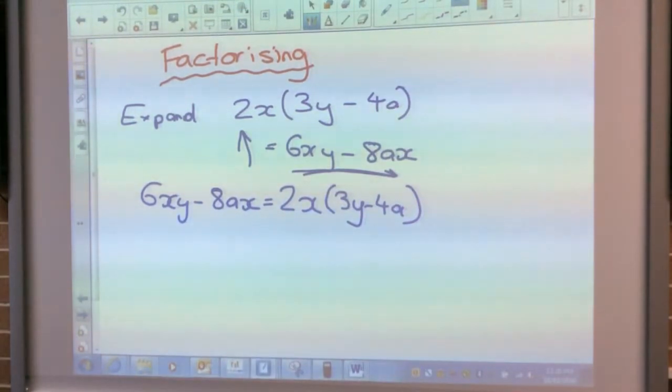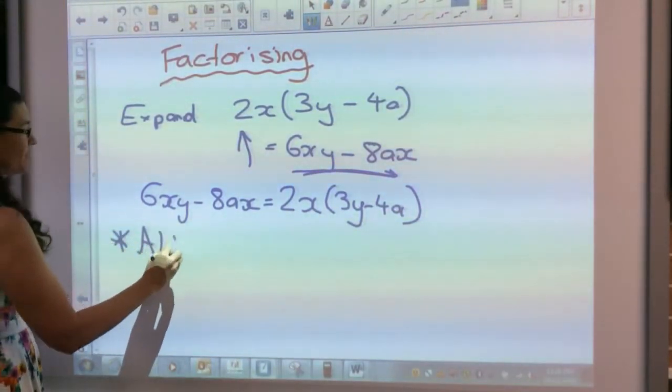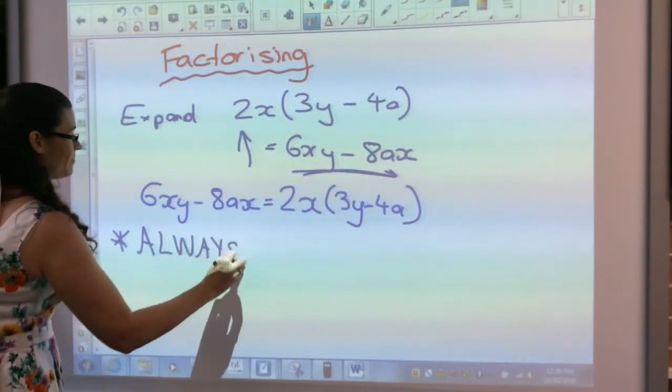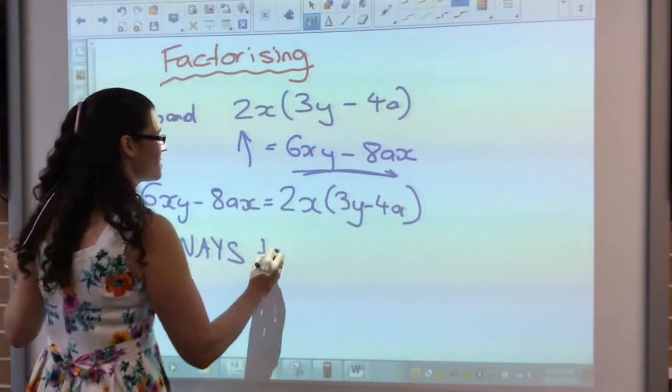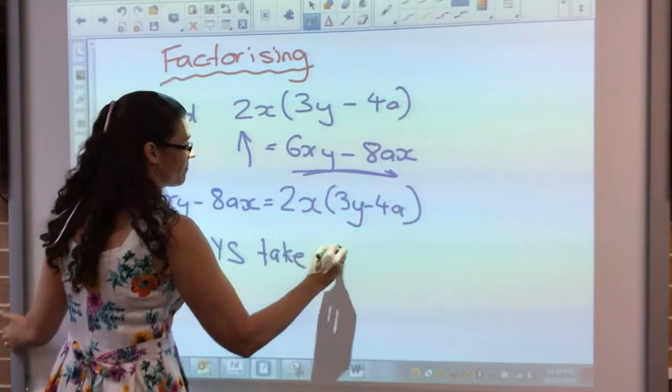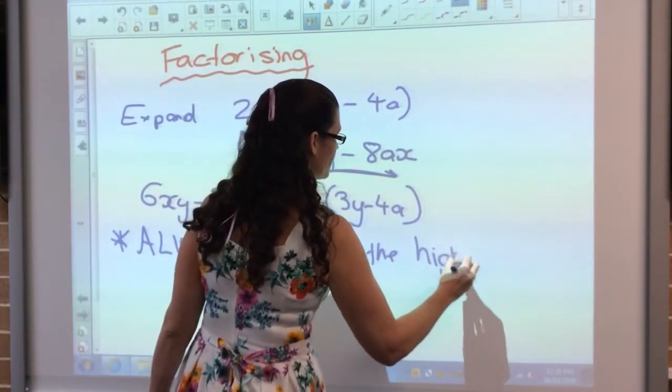Alright, so with factorising, we always want to take out the highest common factor. So let's write ourselves a note. Always, no exception. Always take out the highest common factor.